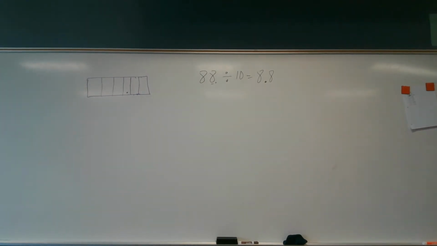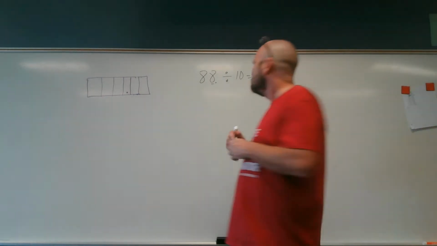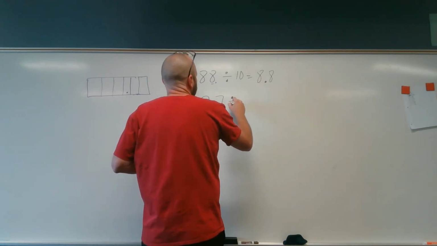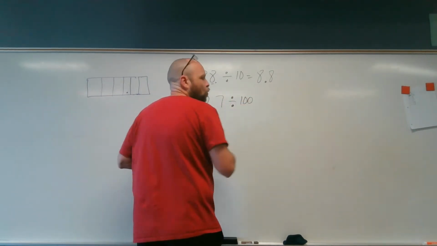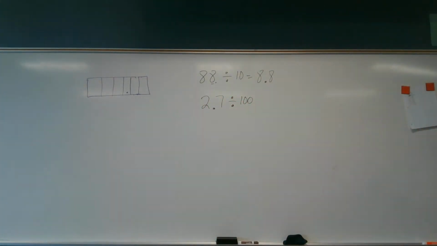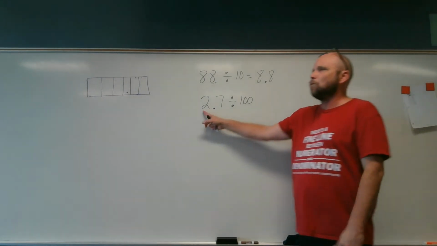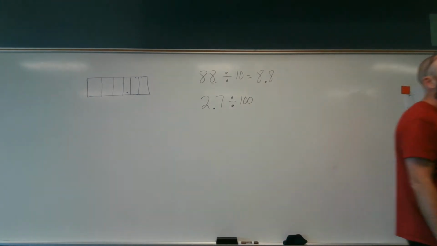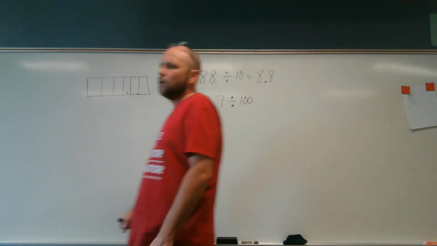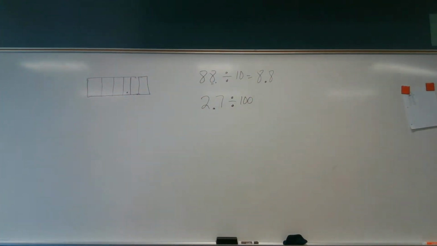If I had the problem 2 and 7/10 divided by 100, we already have our decimal point written down. I don't need to figure out where it goes. It's already behind. The 2 is in my ones place, so the decimal point's right behind it. We are dividing by 100.